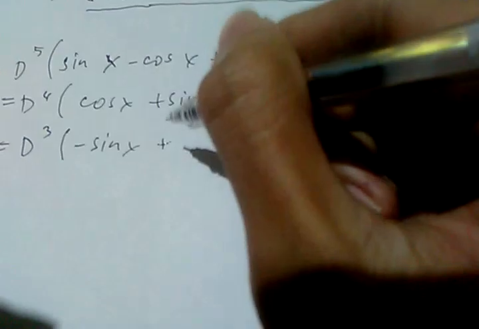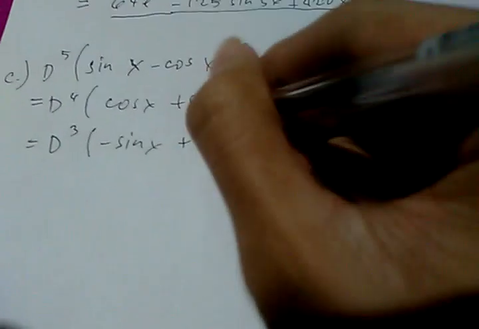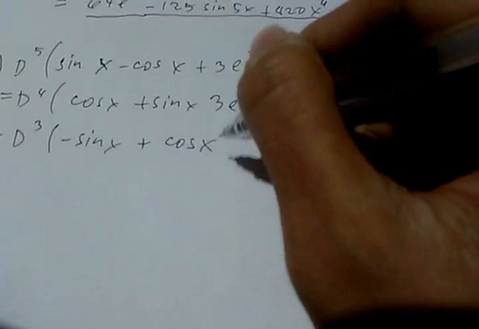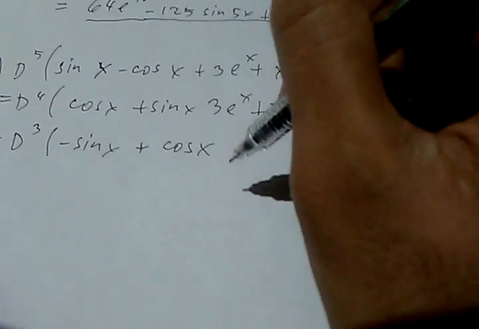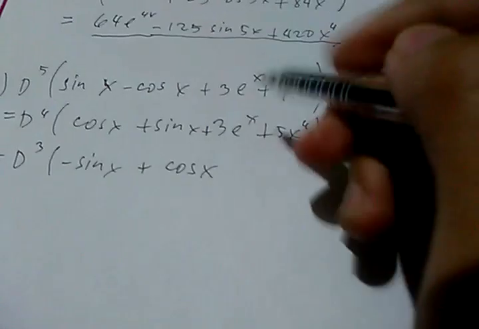Then the second derivative. For cosine x, the derivative is negative sine of x, plus, for the positive sine x, cosine x. I forgot to add the positive sign here.